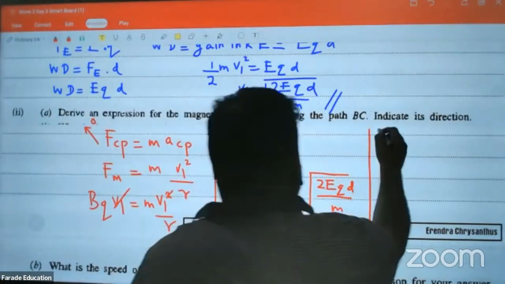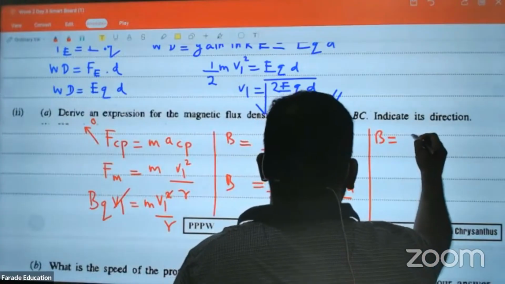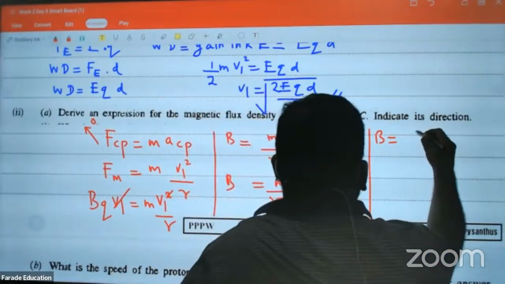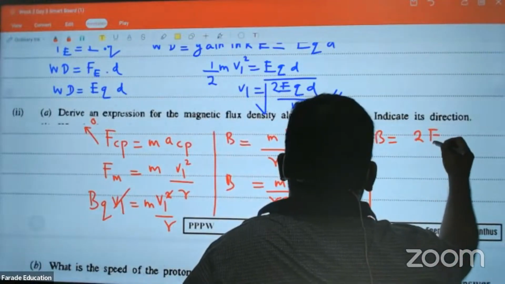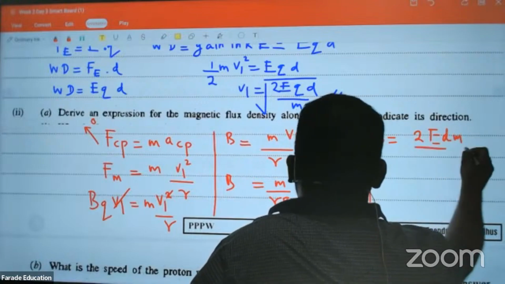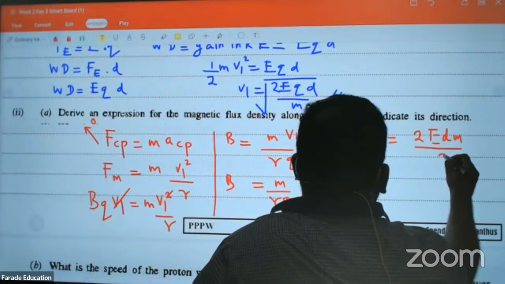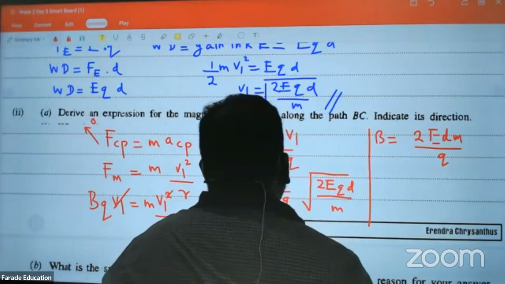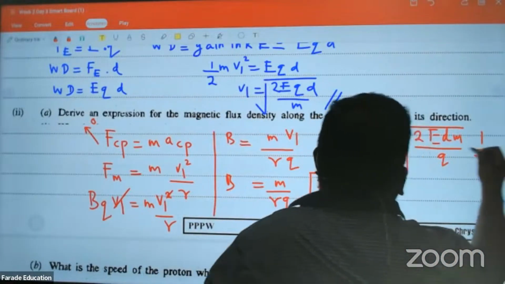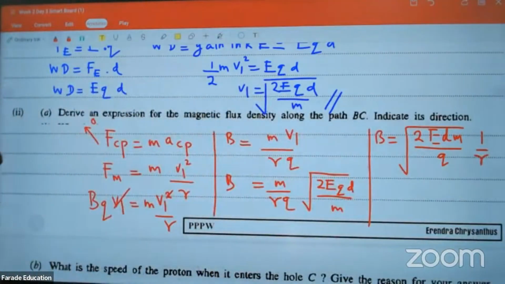The magnetic field strength here, carefully do. So here 2 is there, E is there, D is there, m is there, Q goes to the bottom, square root, 1 over r.